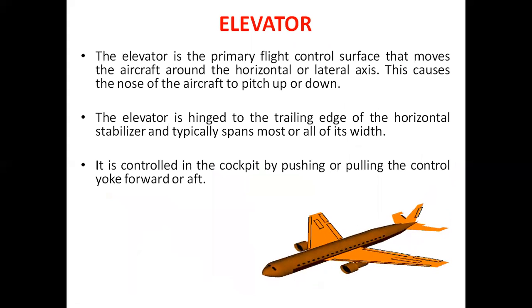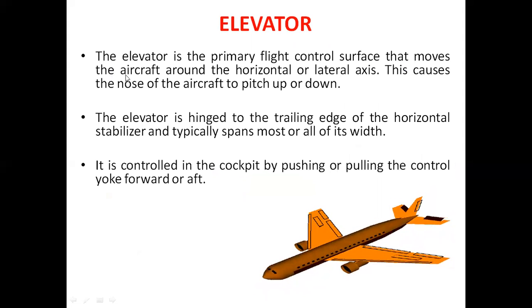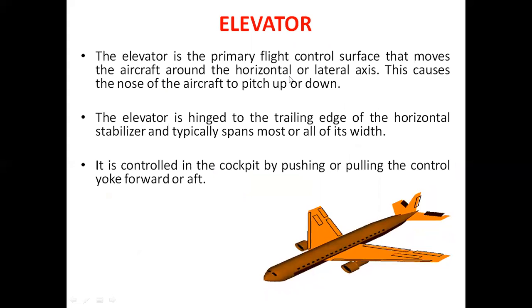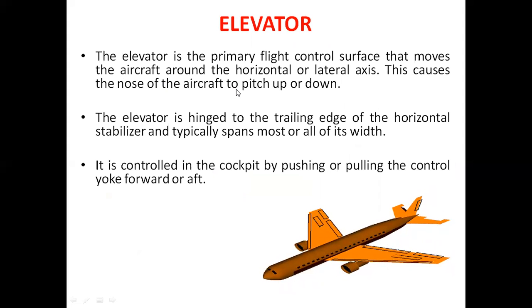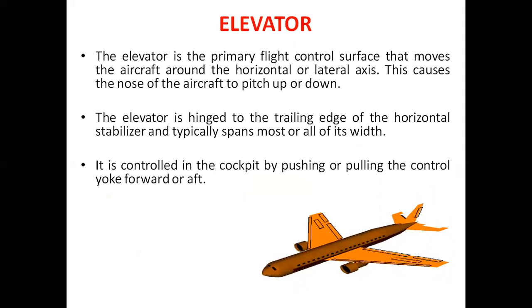Now, in the second slide, the elevator is a primary flight control surface that moves the aircraft around the horizontal or lateral axis. This causes the nose of an aircraft to pitch up or pitch down. So pitch up and pitch down is by use of the elevator only.